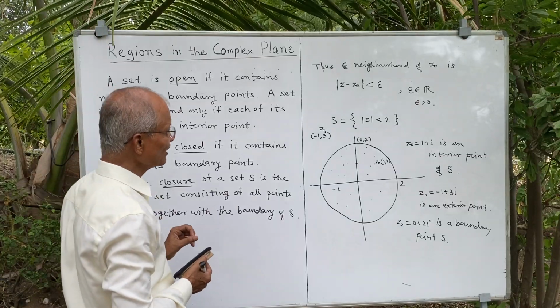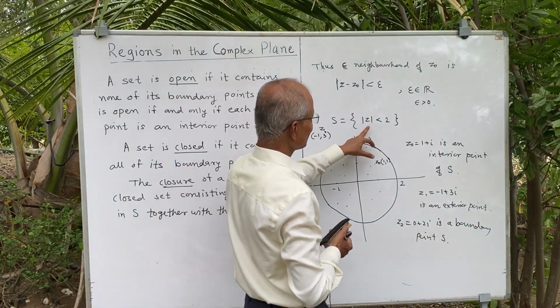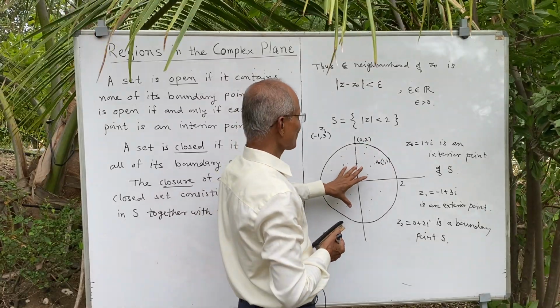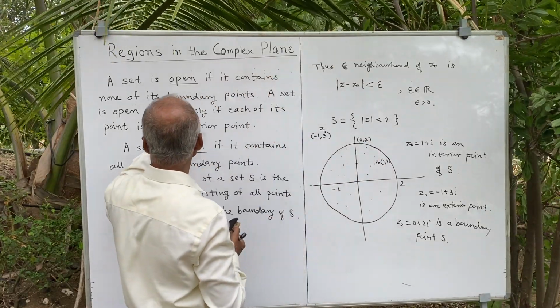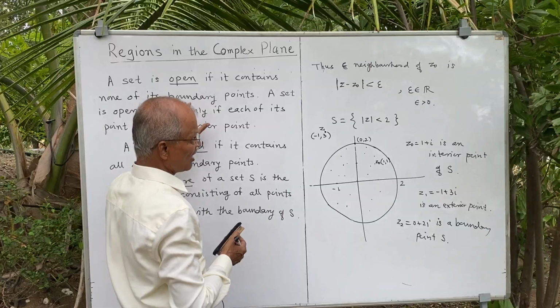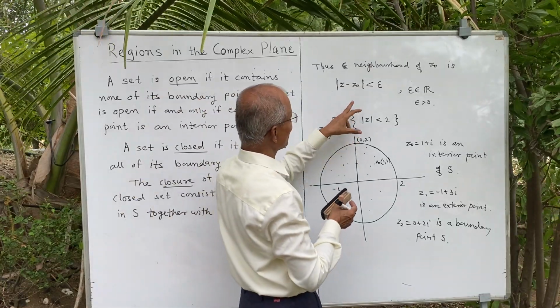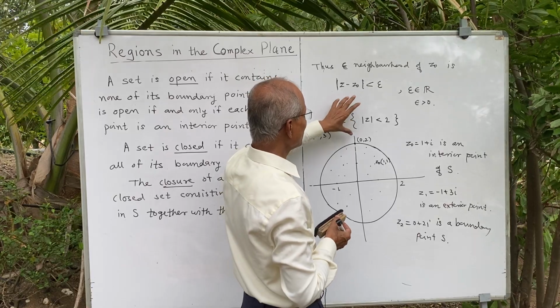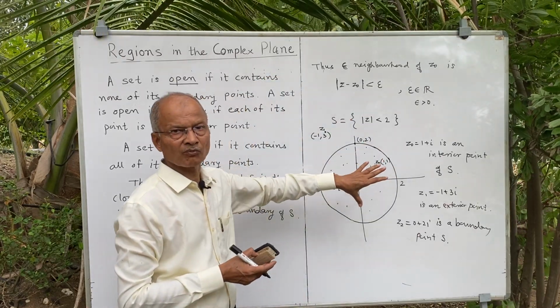Now for example, if you consider this set, |Z| is strictly less than 2, then it is an open set because it does not contain boundary points. This is also an open set: the epsilon neighborhood of Z0 is open because it does not contain boundary points.